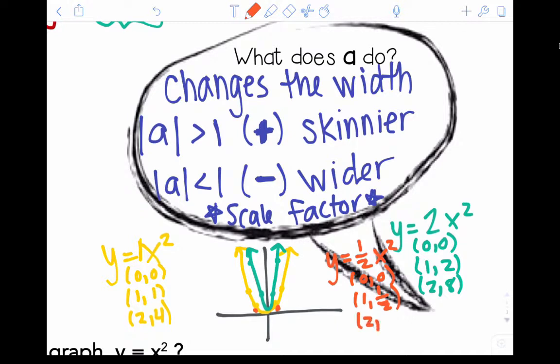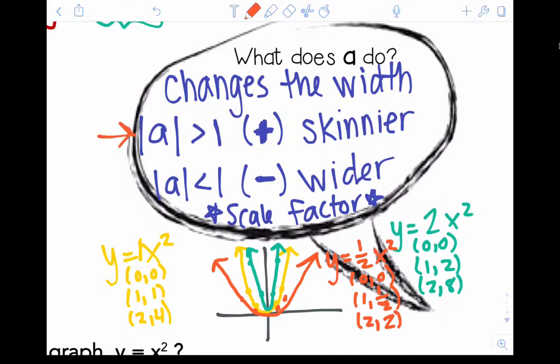If I plug in 2 for x, I get... Sorry, that's wrong. If I plug in 2 for x, I get 2 for y. So that point's going to be about there. So this graph is going to look kind of like that. So it's wider.